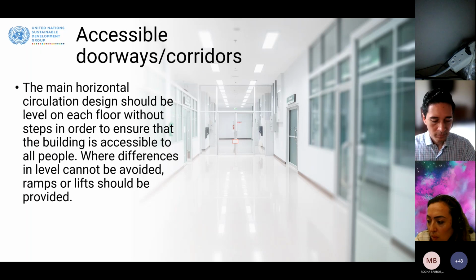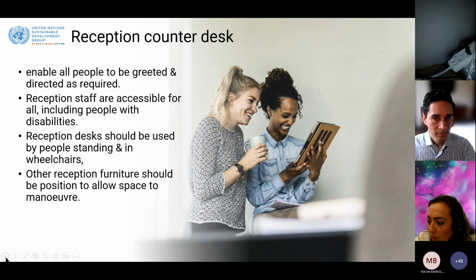So now, if we go to the accessible indoor areas or accessible indoor facility, the first thing we encounter is the reception counter desks and the reception and the security gates.